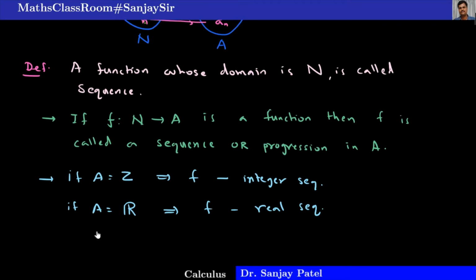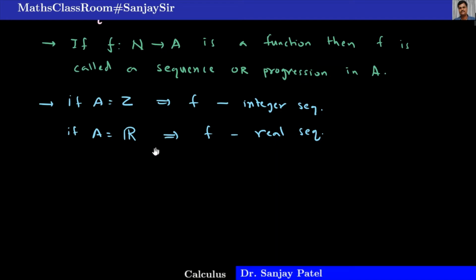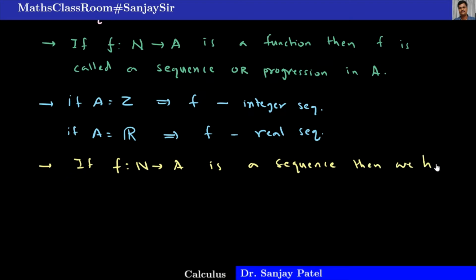So if f is a function or a sequence from N to A, then we can denote it like this. For every element in the domain, say small n belonging to capital N, we have f of n, some value in A, and that value we may denote by a_n, or t_n, or s_n, or any symbol you like.